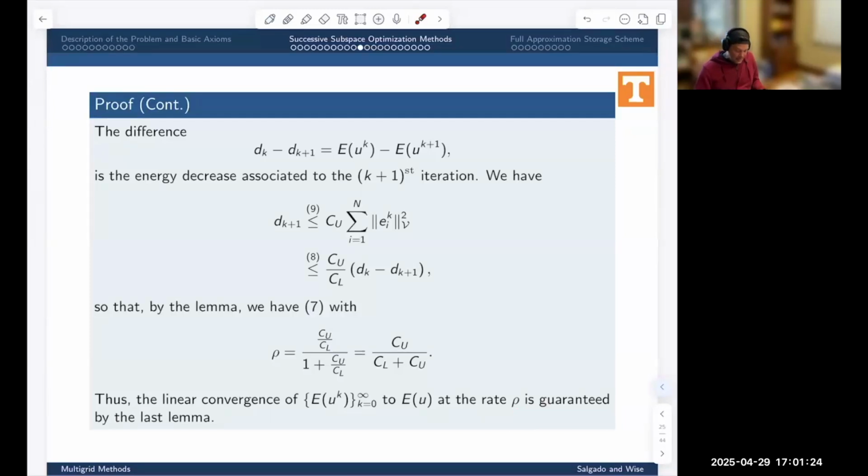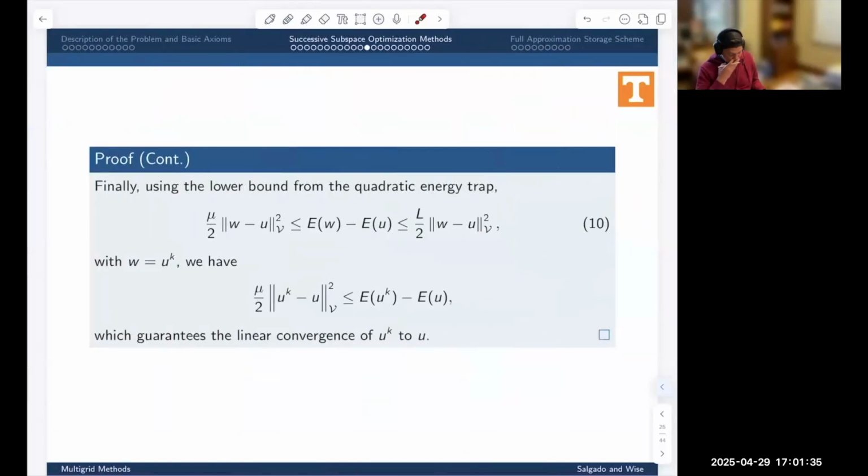Now, how do we get from that converging to that to actually u_k converging in norm to u? Well, to do that, all we have to do is use the quadratic energy trap. Remember, we know that W and U have to be in this ball.